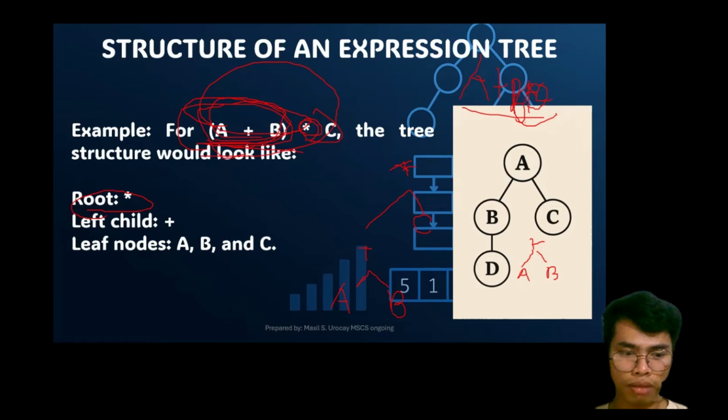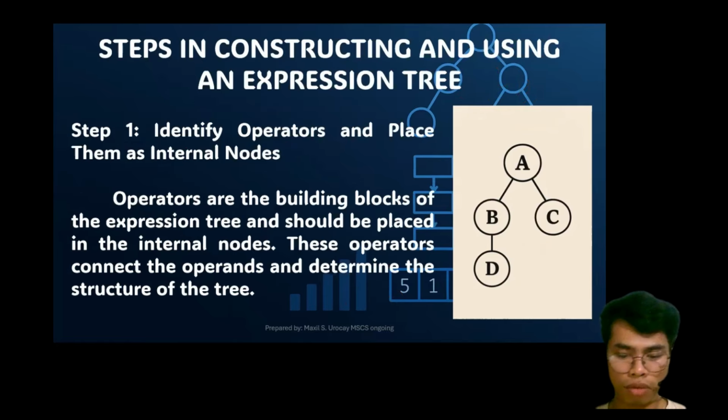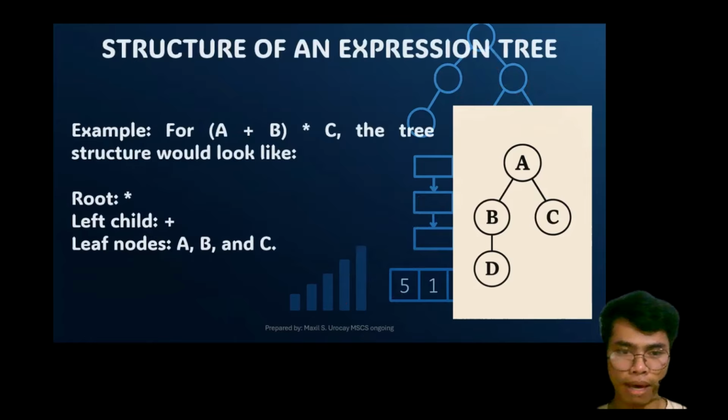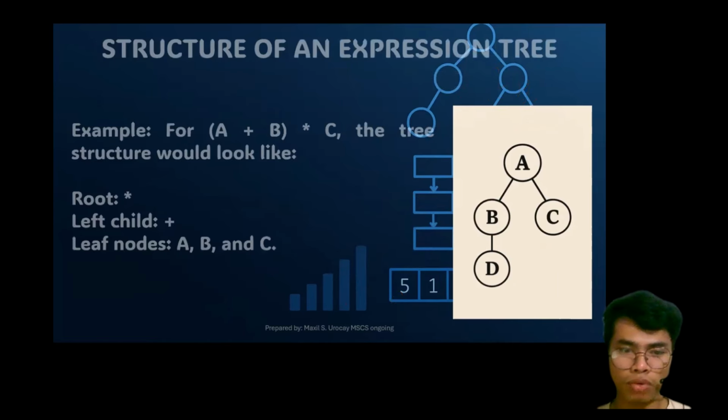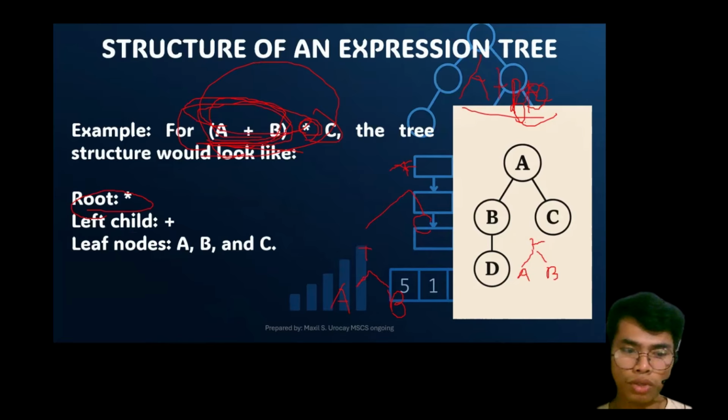Since PEMDAS, right? We have to work with the highest precedence. I'm so sorry. Okay. Who has the highest precedence right now in this structure? Earlier, we're supposed to go first to the highest precedence, so that is A plus B. So this is this one. And after A plus B, times C is the lowest precedence, so we can definitely put this one above.